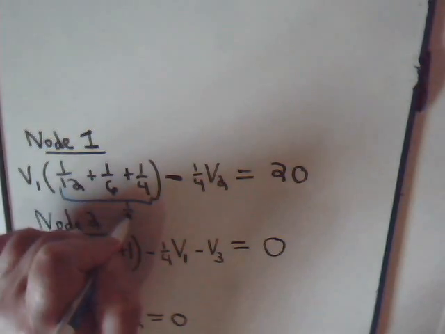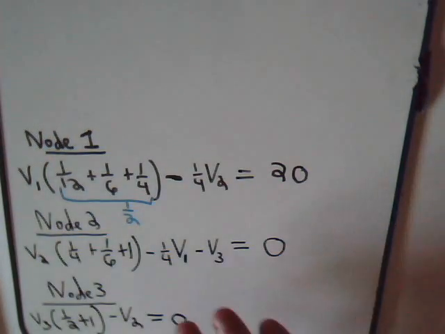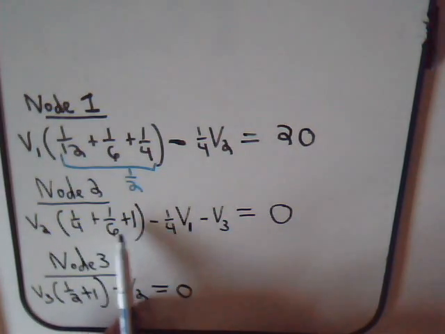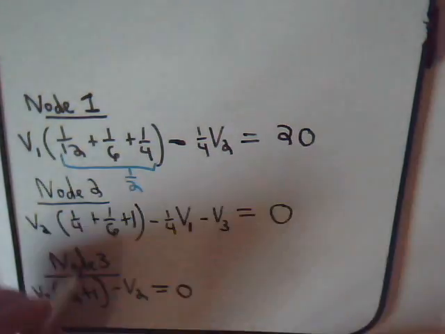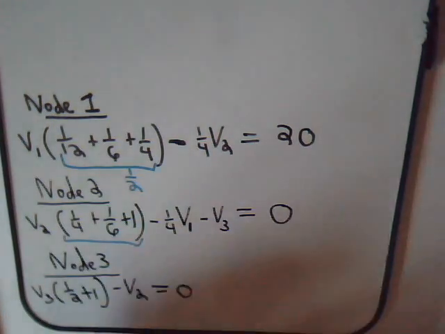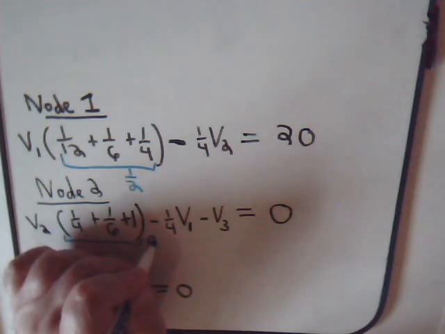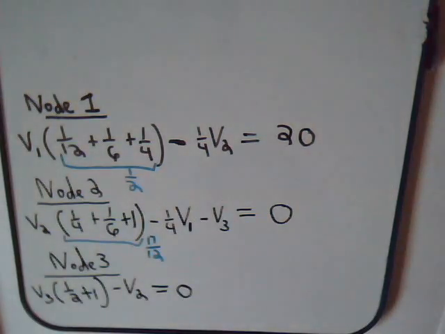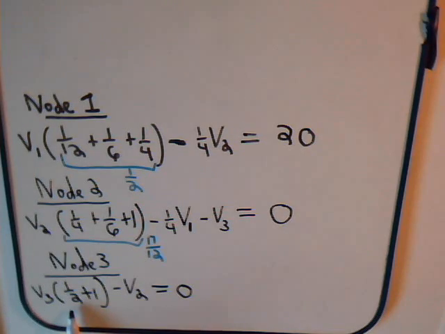That comes out to 1/2. And here we have 1/4 plus 1/6 plus 1, that is equal to 17/12. And here we have 1/2 plus 1, that is 3/2.